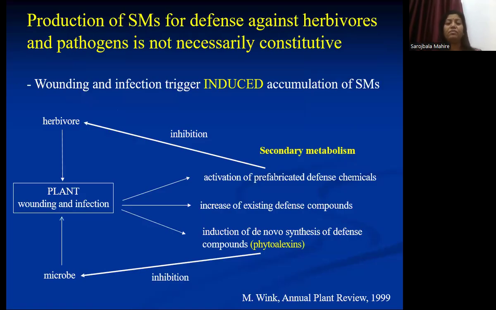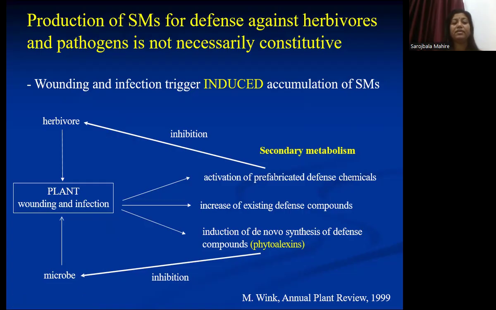Now, production of secondary metabolites for defense against herbivores and pathogens is not necessarily constitutive; only an infection can trigger induced accumulation of secondary metabolites. Any wound, damage, or infection on the plant triggers synthesis of secondary metabolites, known as induced accumulation. See here, this is a plant.